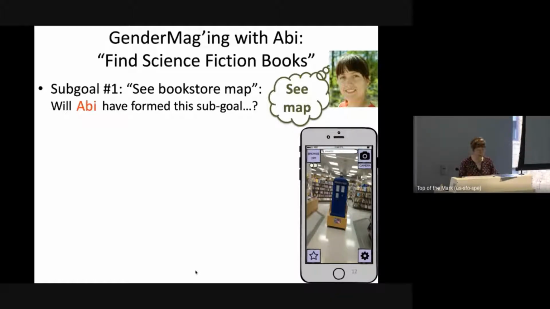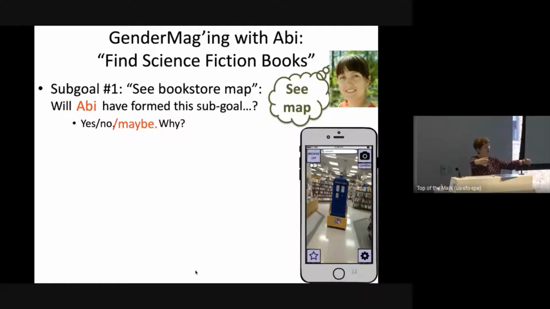So then we ask the evaluators in the room, will Abby have this sub-goal? Yes, no, maybe, and why? One of the things that's different from a traditional cognitive walkthrough is maybe. If we're interested in inclusive software, we also want a process that's inclusive.